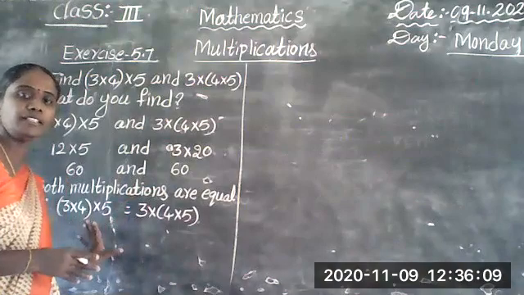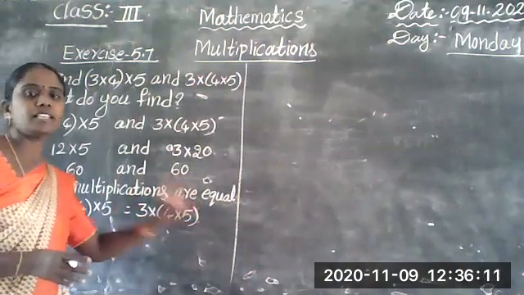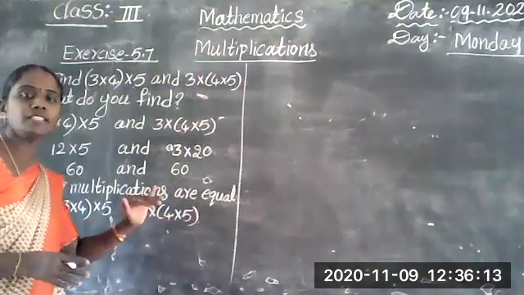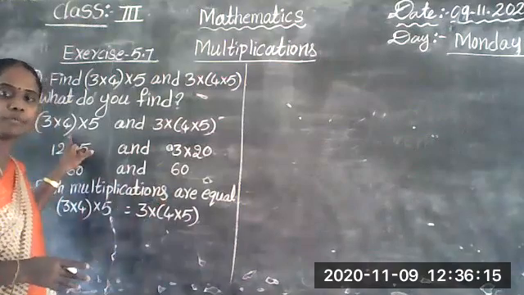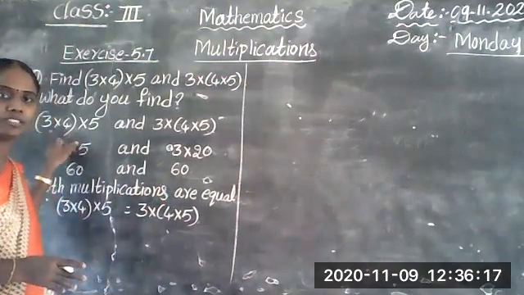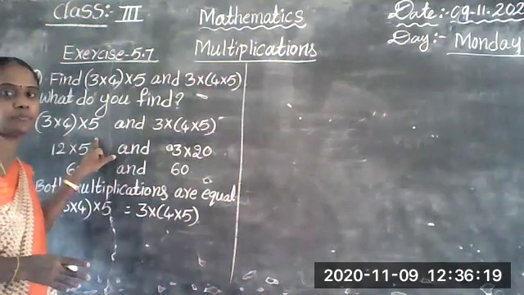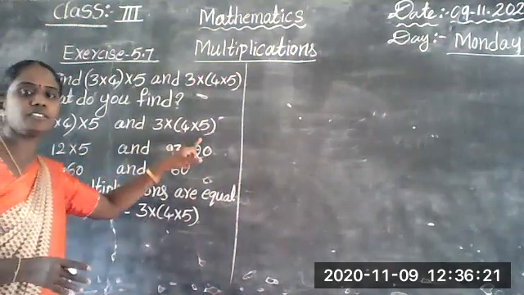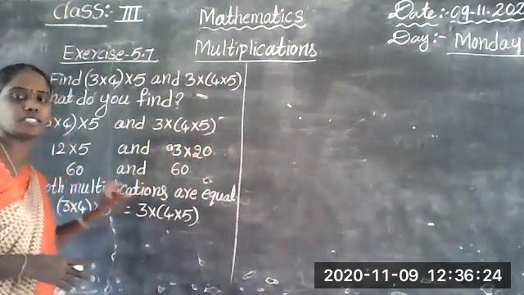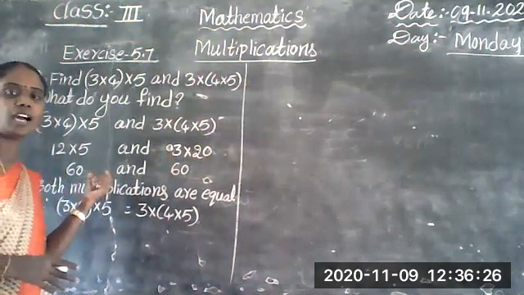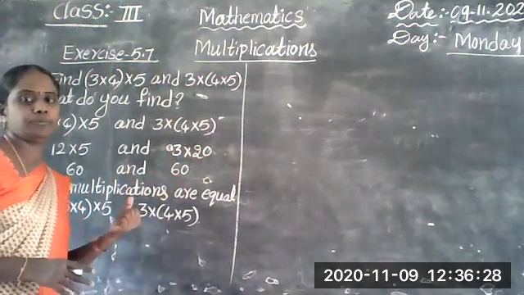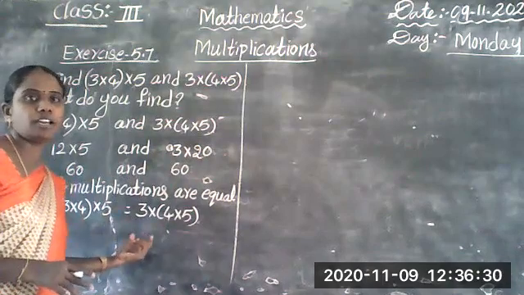Just we have to find both multiplications are equal. How can we get equal? Just multiply. 3 fours are 12, 12 fives are 60. 4 fives are 20, 3 twenties are also 60. We get answer 60 only. So these are equal.